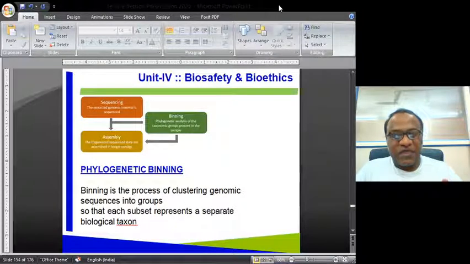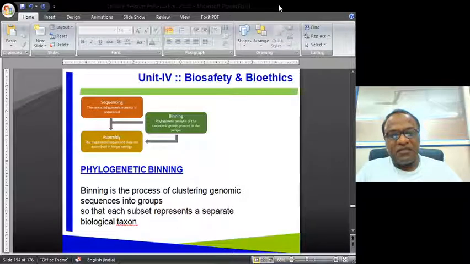So following sequencing and assembly, we have the binning, that is phylogenetic binning. It is about phylogenetic analysis of the taxonomic groups present in the sample that is being analyzed.